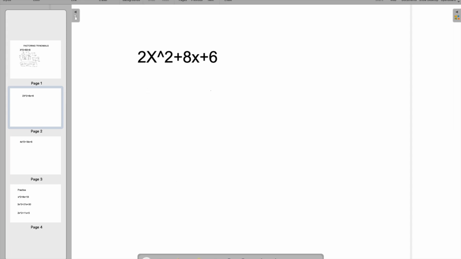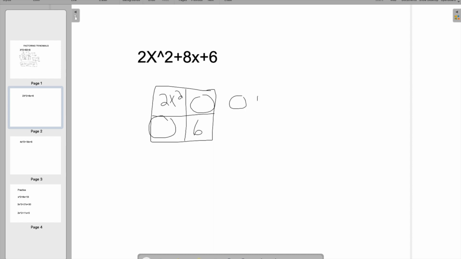For the next trinomial, this is a little more difficult because there's a 2 in front of it, so we're going to do the box method again. But it might take a couple more tries to get it right. So we're going to write 2x squared on the top box, 6 on the bottom box, and then again, the middle two squares are going to equal the middle number, which is 8x.